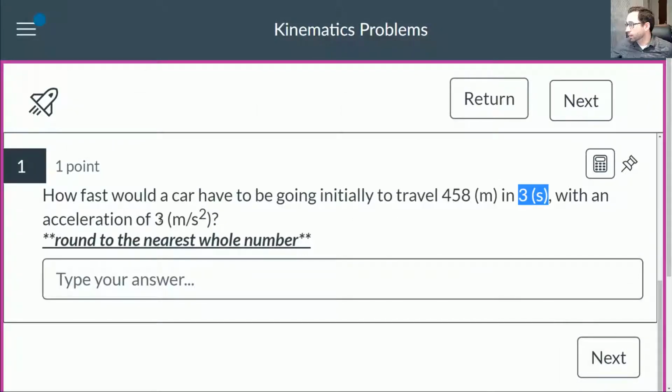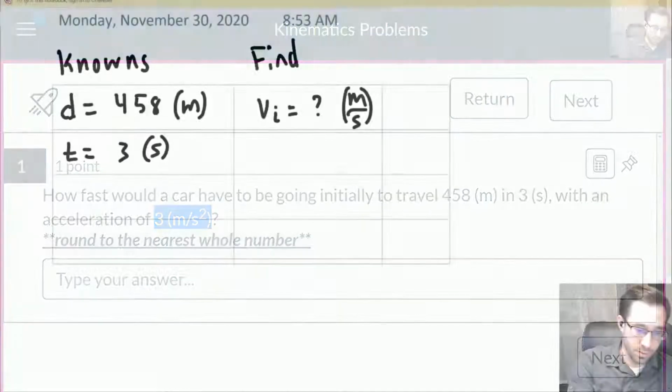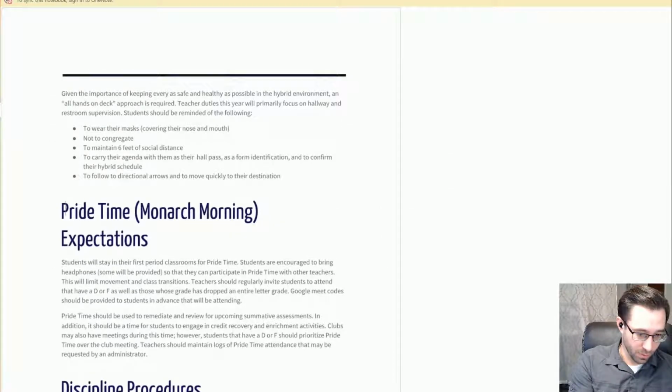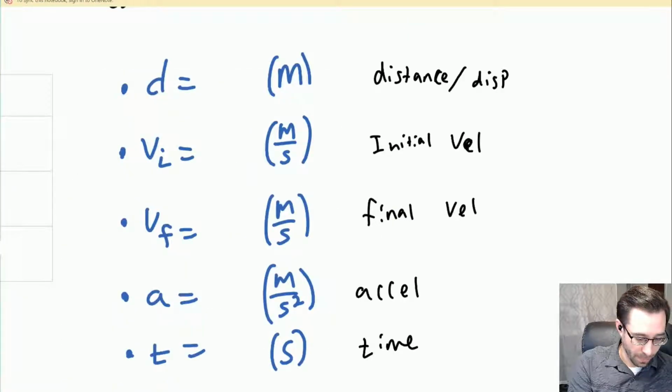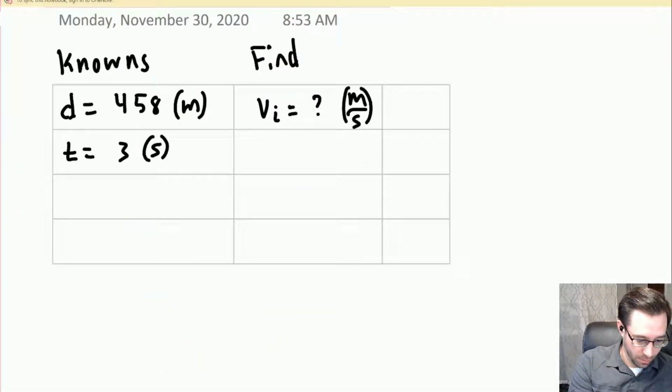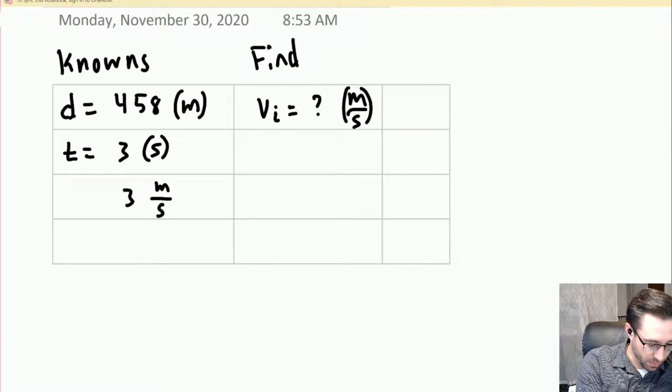And then lastly, I have 3 meters per second squared. If you don't remember, meters per second squared goes with acceleration. So it's 3 meters over seconds squared, and that's acceleration.